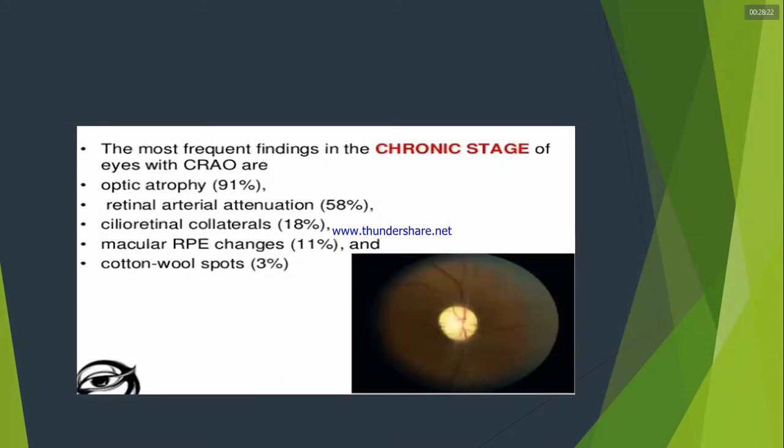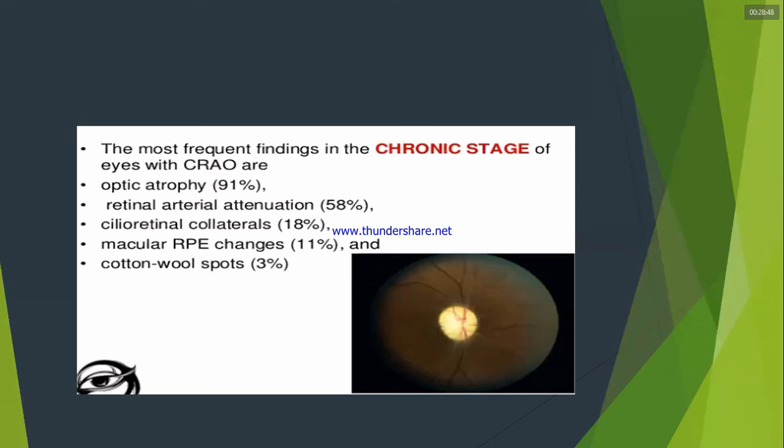The most frequent finding in the chronic stage of eyes with CRAO is optic atrophy, so a complete pale optic disc like this type, and the peripheral retina also has an unhealthy color. Retinal artery attenuation will be there, meaning thinning of all the retinal arteries, and cilioretinal collaterals will develop. Here there are no pictures of the collaterals.